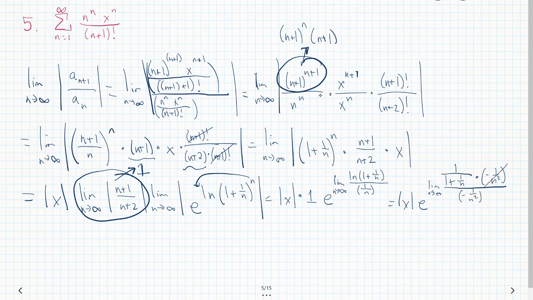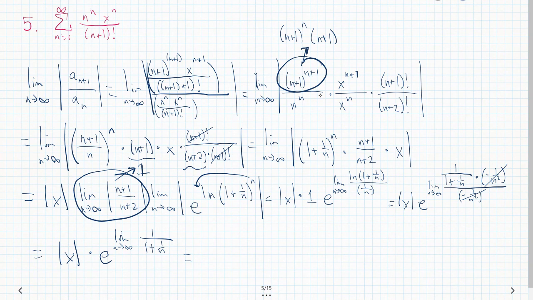So notice that cancels off, right? And we're left with this limit as n goes to infinity of 1 over 1 plus 1 over n. So we get the absolute value of x times the limit as n goes to infinity of 1 over 1 plus 1 over n.